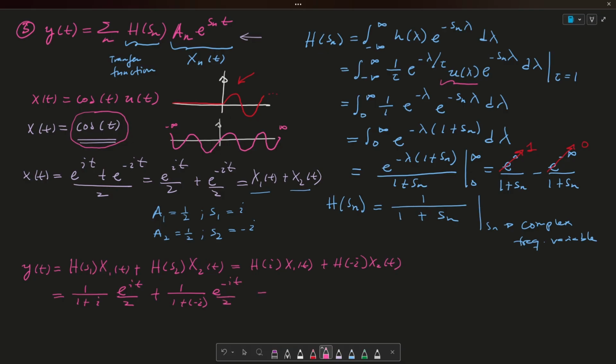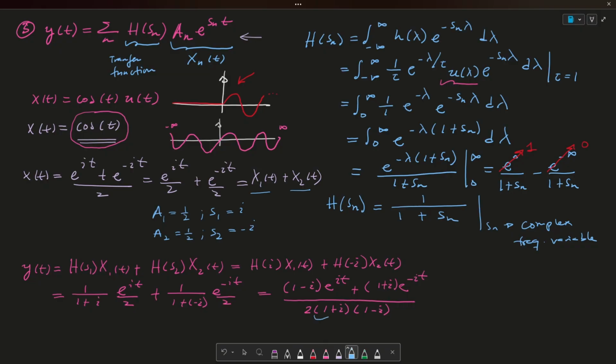What I can go ahead and do is find a common denominator between these two terms. This essentially is 1 minus i times e to the it plus 1 plus i times e to the minus it, over 2 times 1 plus i times 1 minus i.